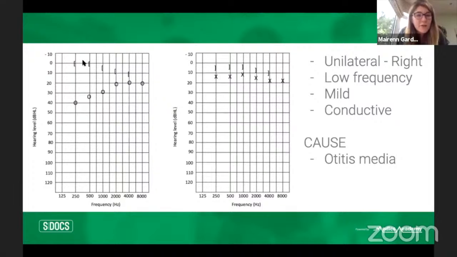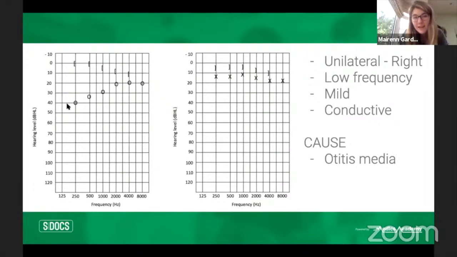So their bone conduction should be normal because there's no problem with the inner ear. And this is how you differentiate. So this will be conductive because there is a difference between your bone and air conduction.